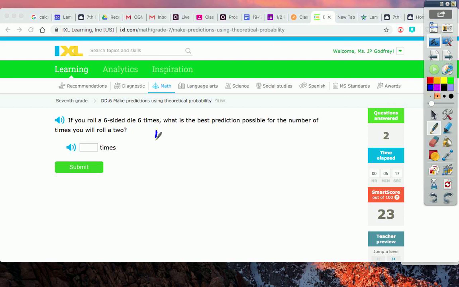If you can multiply 6 over 1, that gives you 6 over 6, which is equal to 1. That's fine. If you're not confident in multiplying fractions and you have a calculator, just divide it and then multiply it.